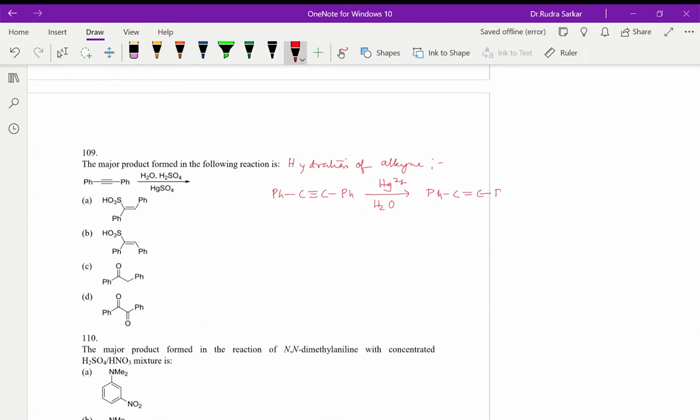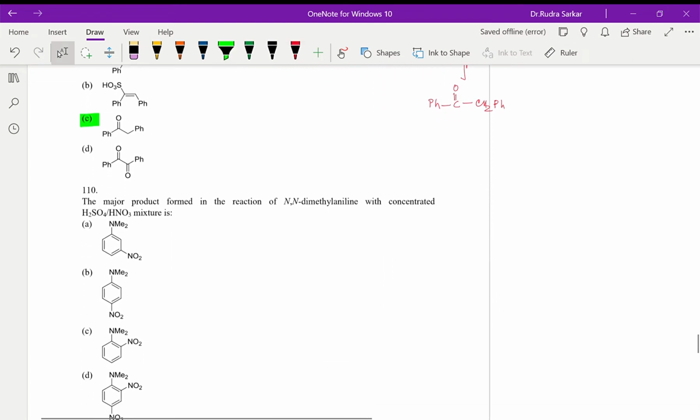The best way of doing this, even though this is not the correct mechanism, is just to add OH and H across this alkyne bond and then think tautomerism. That way, the enol converts to the following keto tautomer, and then if we compare, our answer over here is going to be C.